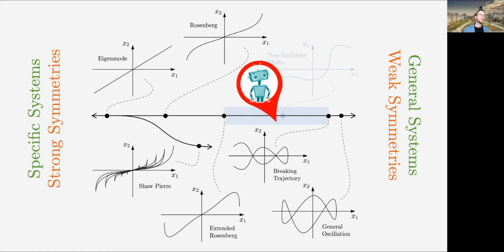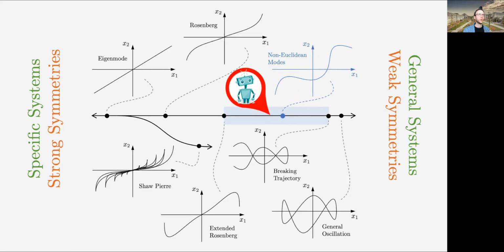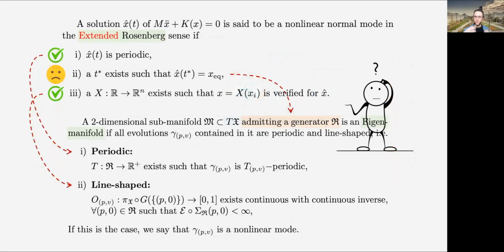For this reason, we also introduced a definition of non-Euclidean modes that requires some mathematical complexity that we don't have time to go through here. But in a nutshell, the concept is very simple.